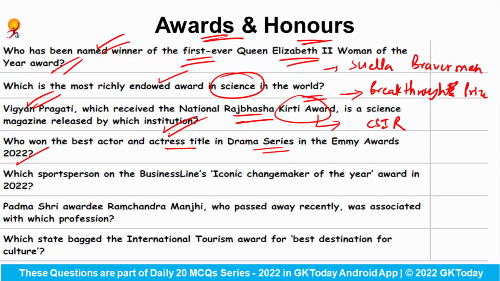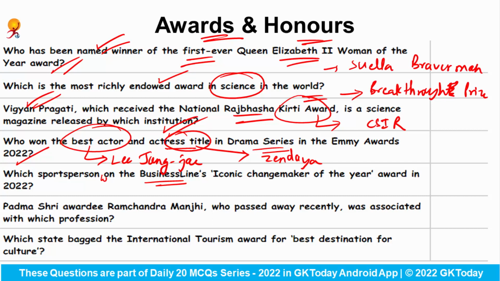So in this year's Emmy Awards, the Best Actor award goes to Lee Jung-jae and the Best Actress award was conferred to Zendaya. Okay. Which sports person won the Business Line's iconic Changemaker of the Year award in 2022? This is Mithali Raj.